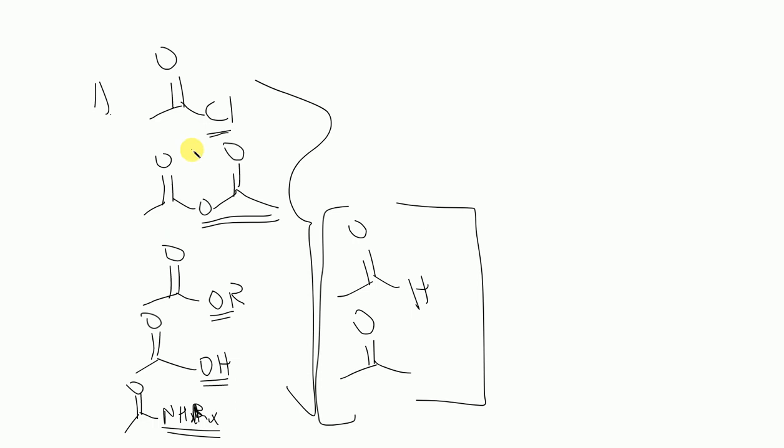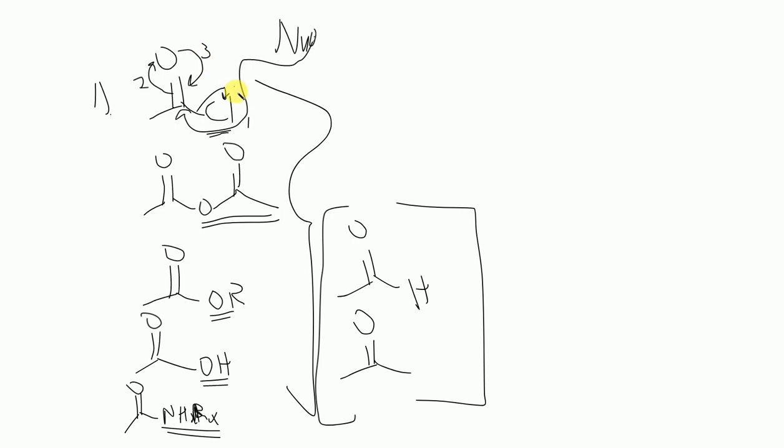So for each one, we know how this works. We have some nucleophile that comes and attacks the carbonyl carbon. This is going to go up, come back down to reform the carbonyl and kick off the leaving group. So, a sequence of steps, this would be like step 1, step 2. Steps 1 and 2 happen at the same time.